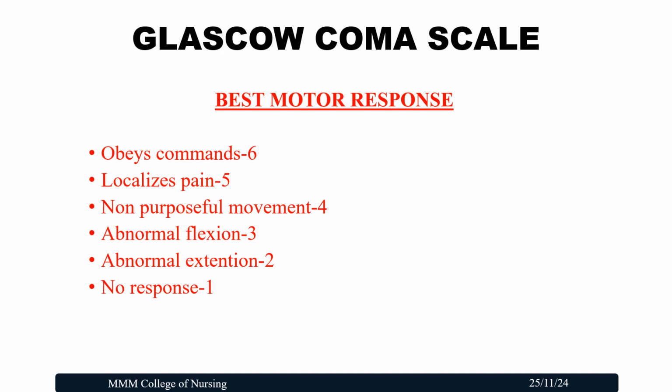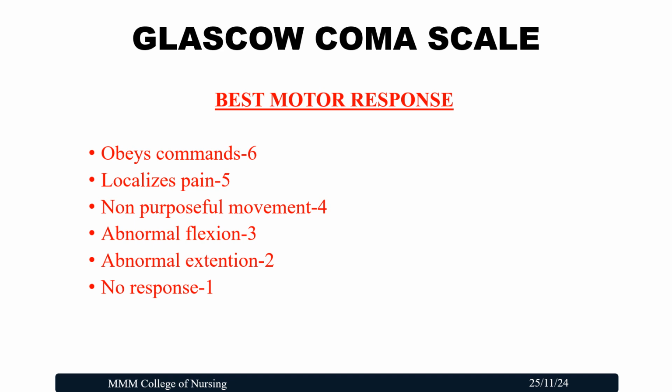Non-purposeful movement, if the patient is non-purposefully shaking the hands or legs, give the score 4. Abnormal flexion, if the patient flexes abnormally, give score 3. And abnormal extension, give the score 2.